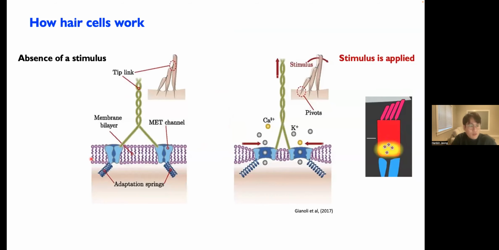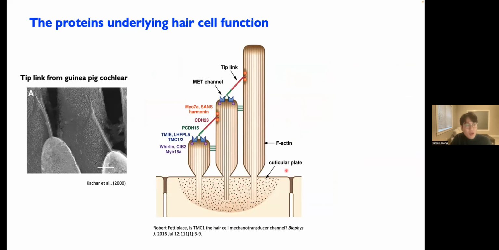If you look at this complex more closely, the tip link structure is connected with the TMC1 MET channel complex, and when the stimulus is applied, the force from the tip link induces opening of the channel, and cations such as calcium and potassium ions from the extracellular fluid come into the hair cell, generating an electrochemical signal.